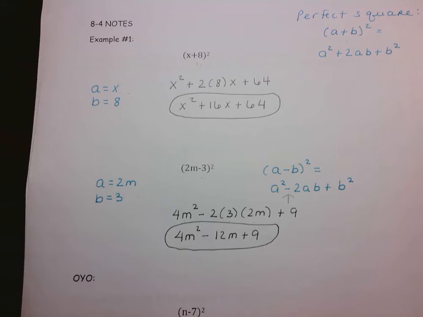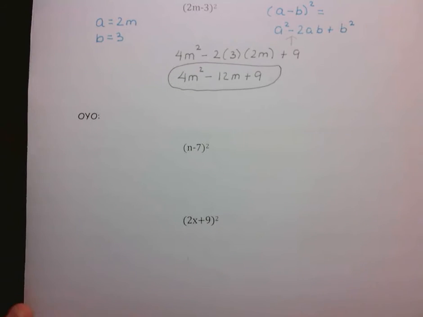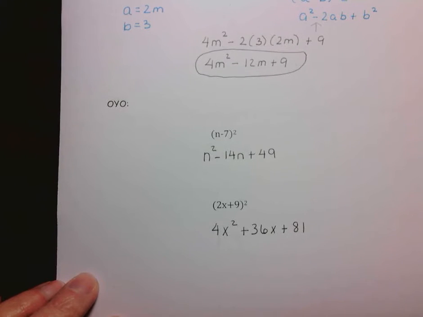Okay, so when you're ready, go ahead and hit pause and try to work this out just in one line. And here are the answers. And again, you should be able to, by the end of this homework assignment, break this out mentally in one line.